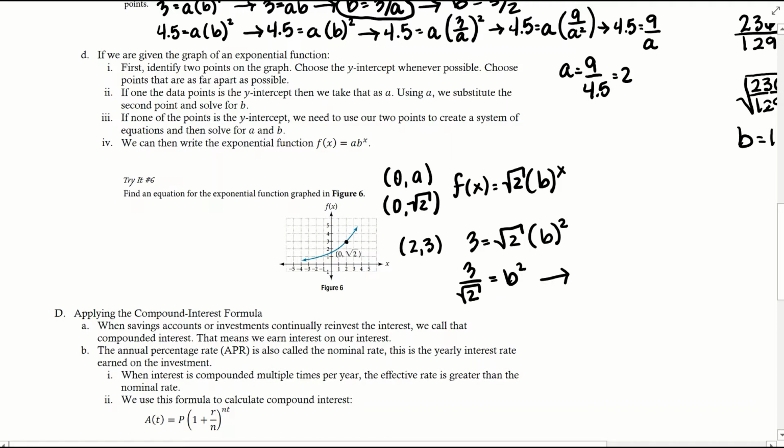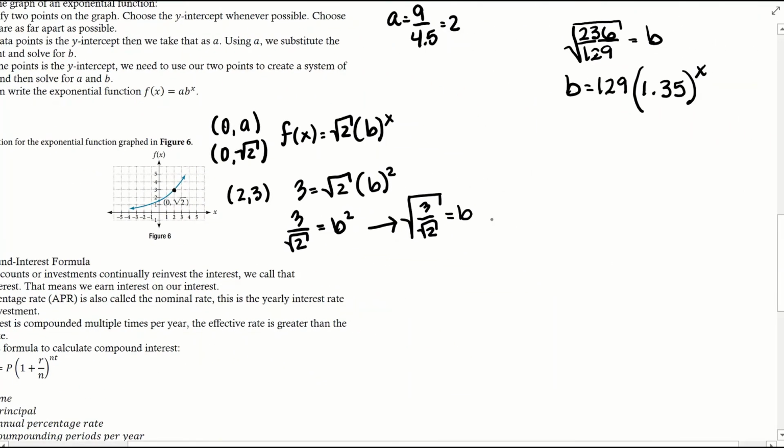And then I'm going to take the square root. So it is going to be the square root of 3 over the square root of 2 equals b.